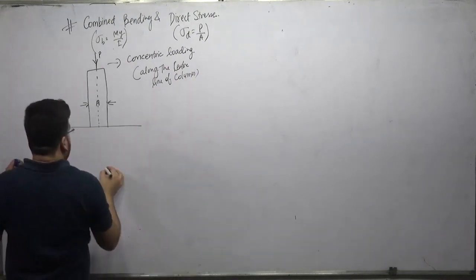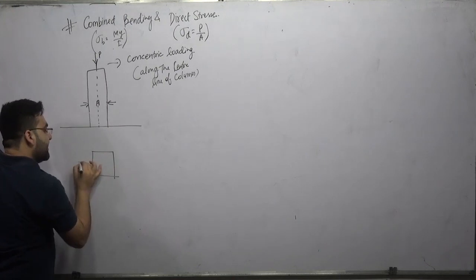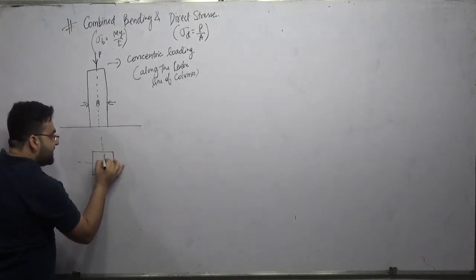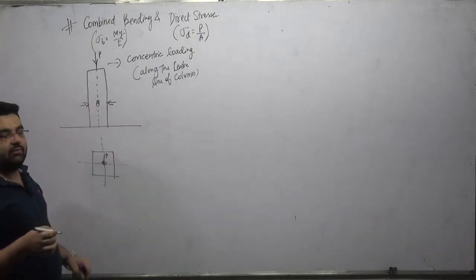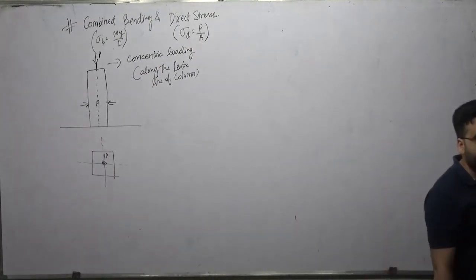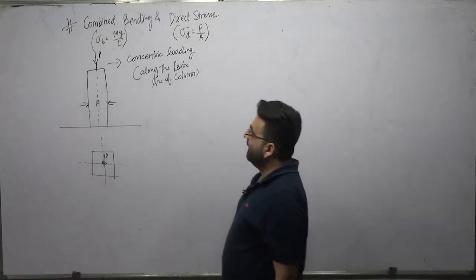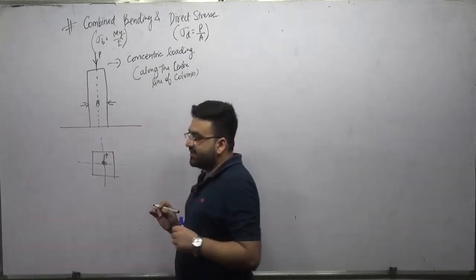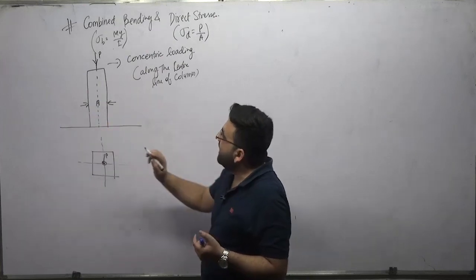If I draw the top view, this is a column, and this is the neutral axis. So this load would be acting somewhere here, at the center of the column. Clear? So in this case, the stresses which are generated are known as the direct stresses.